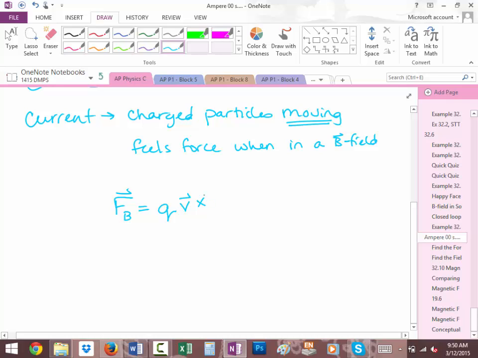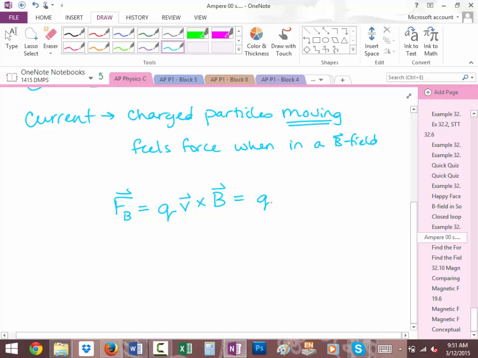The other thing that it needs to have, if it's going to feel that force, well, it's a magnetic force, so what does it need to be in? It needs to be in a field. Yeah, I mean, it's got direction, right? Because the velocity has a direction. So it's going to be QV cross B. So we've got a charged particle that is moving in a magnetic field that's going to feel a force. Okay?